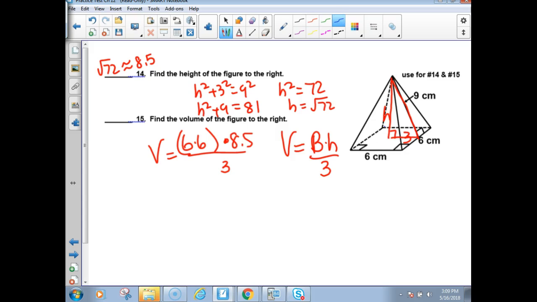The base is the square. All right, what do we got? 102 cubic centimeters.